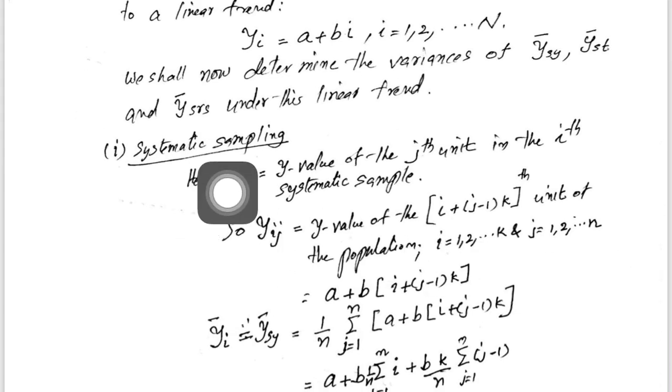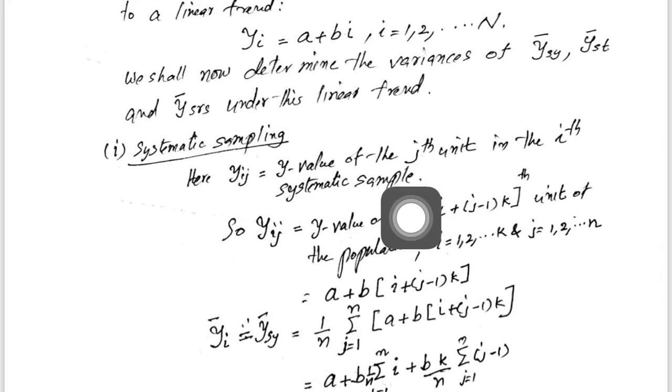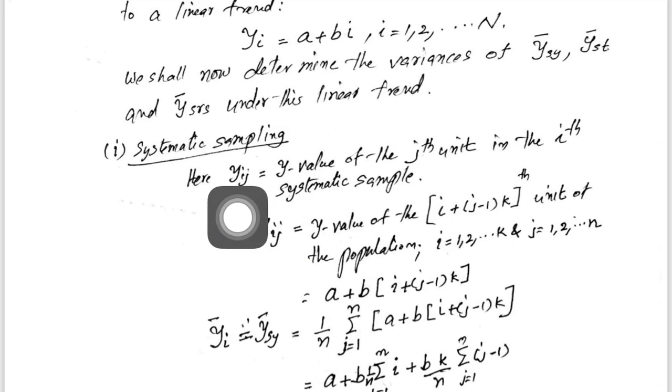First we consider systematic sampling. In systematic sampling, you know, yij is the y value of the jth unit in the ith systematic sample. And you are familiar with the layout of these yij's in a systematic sampling method with respect to the capital N units, where capital N is equal to small n into k, where small n is the sample size and k is the sampling interval.